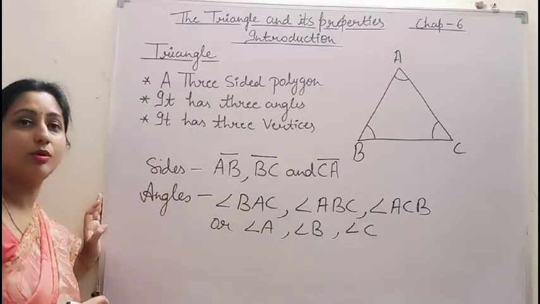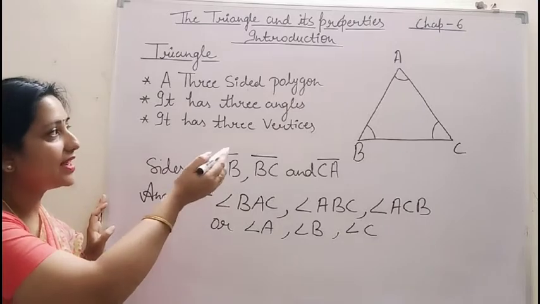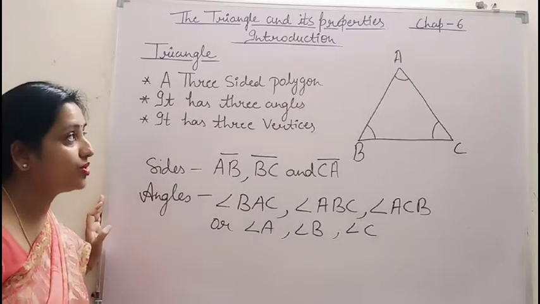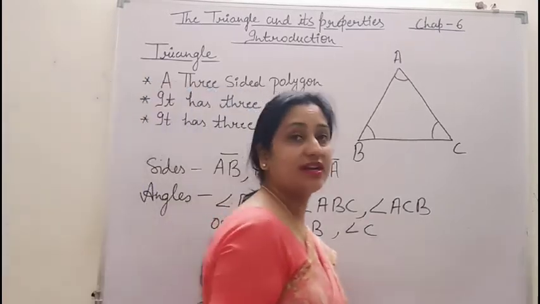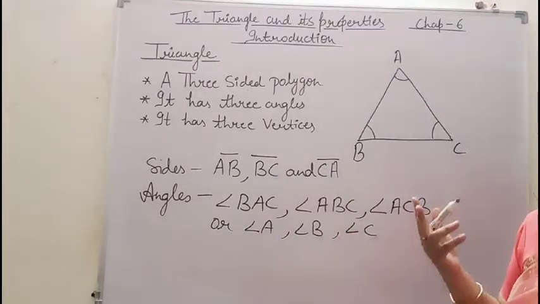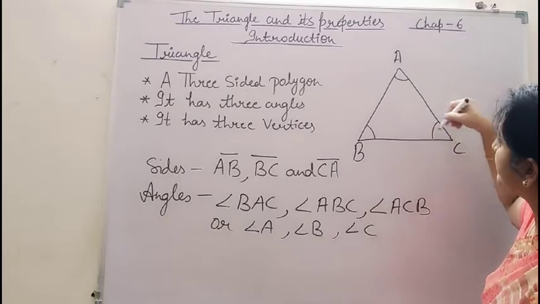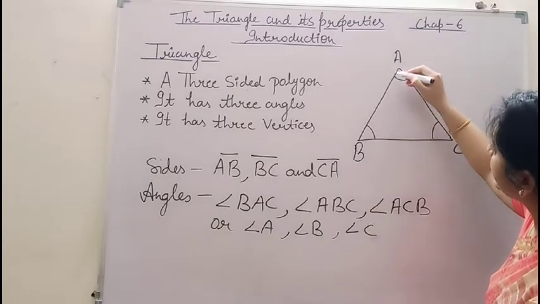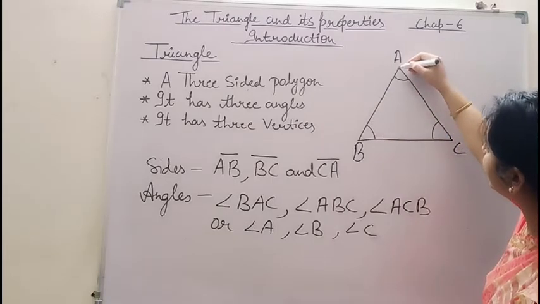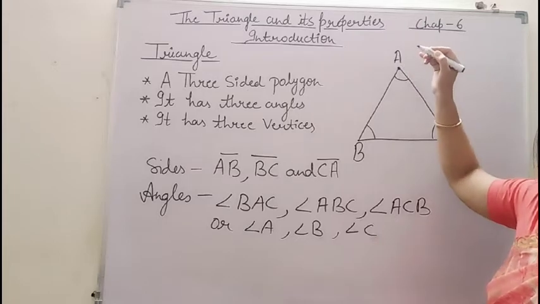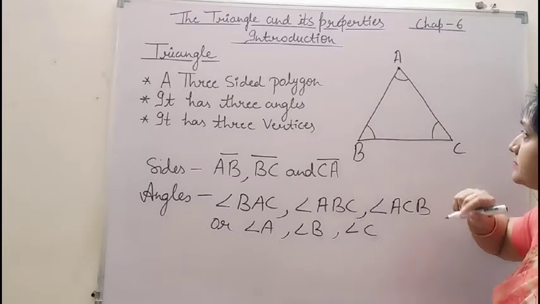Now we are talking about vertices. A triangle has three vertices. We know a vertex is the endpoint where two lines meet. In this triangle, the lines AB and AC meet at this point, so this is a vertex of the triangle.